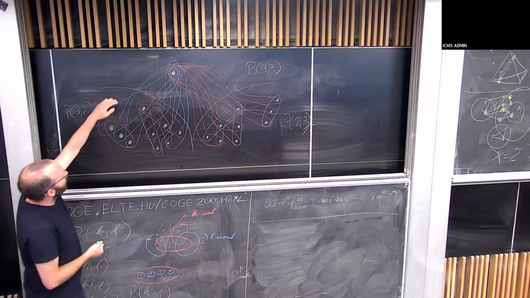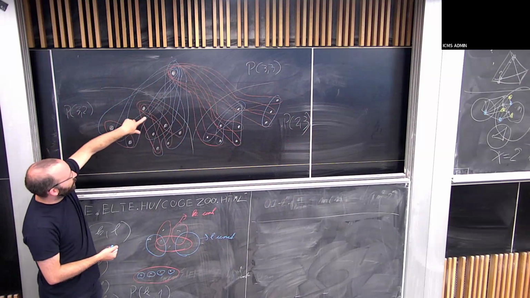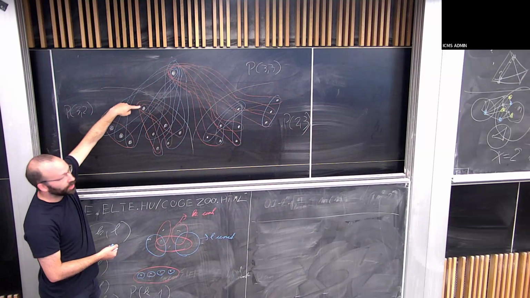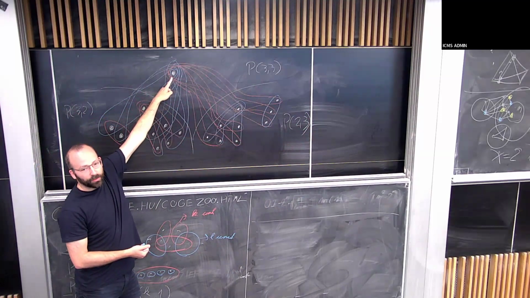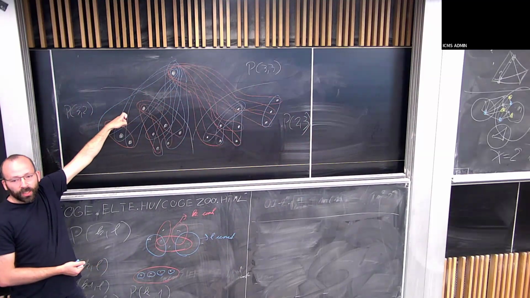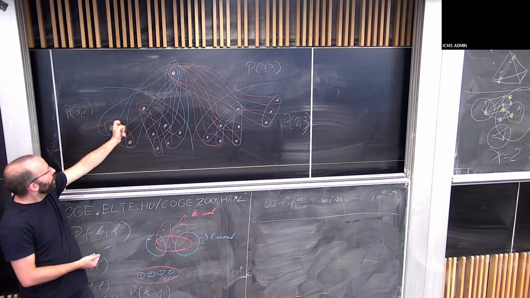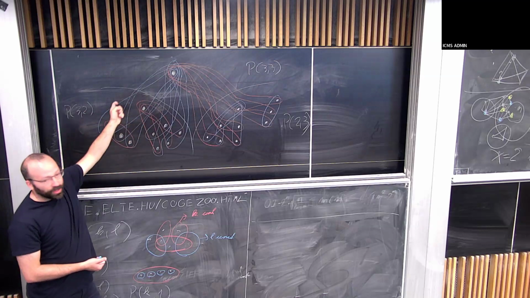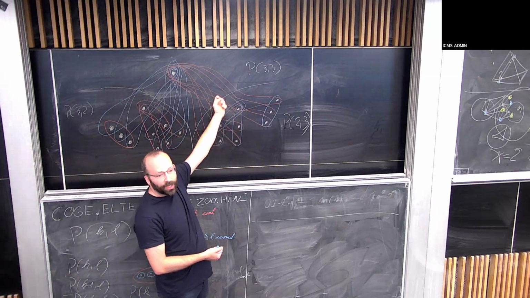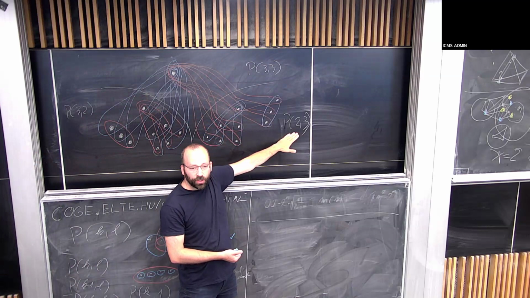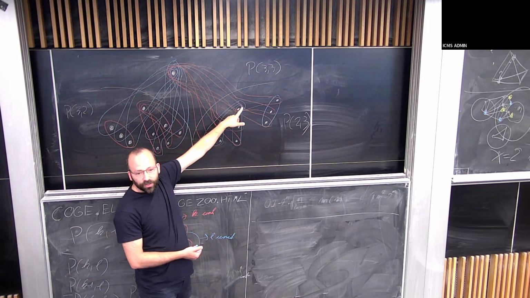If you forget this and that, here we have 3 vertices in each red edge and 2 vertices in each blue edge. So what I do, I add an extra vertex and I put it into each blue edge. This increases the uniformity of the blue edges by 1. So I will have a 3-uniform graph here for both red and blue. And I do the same here, but for the red edges. I place this construction and I add this new vertex to all the edges that are red.